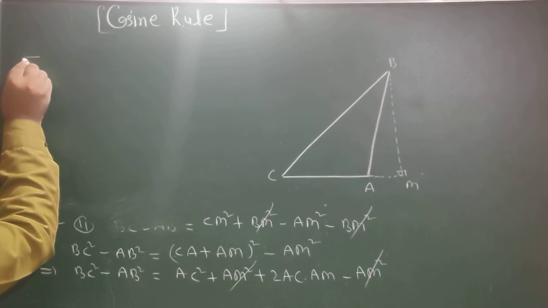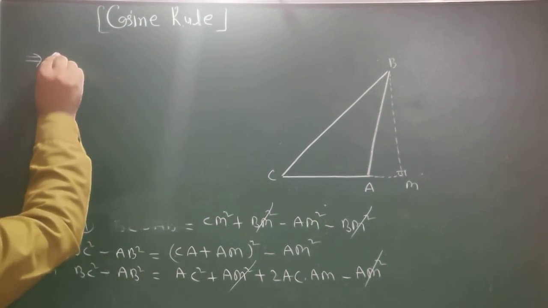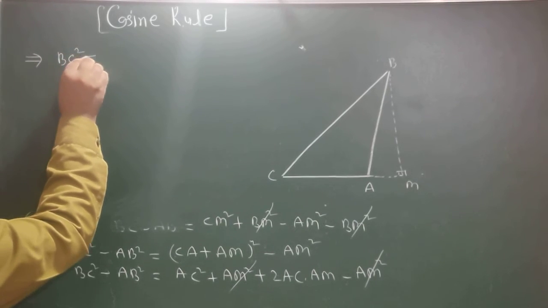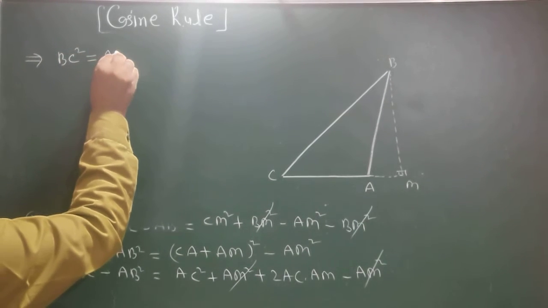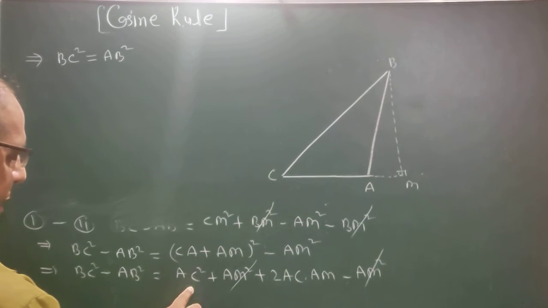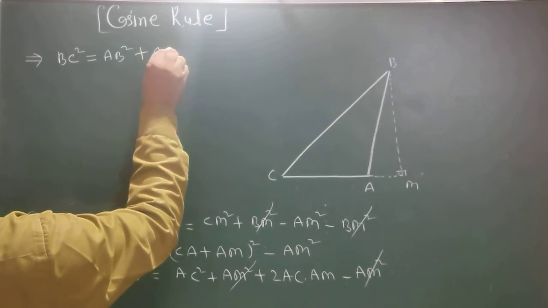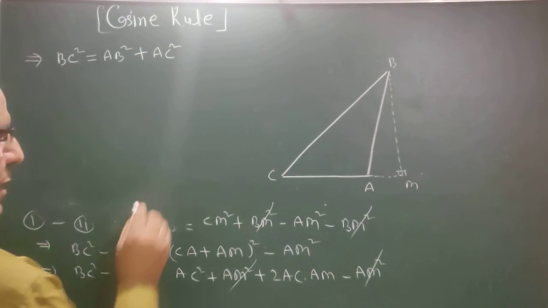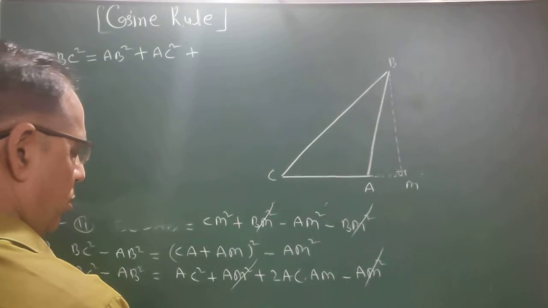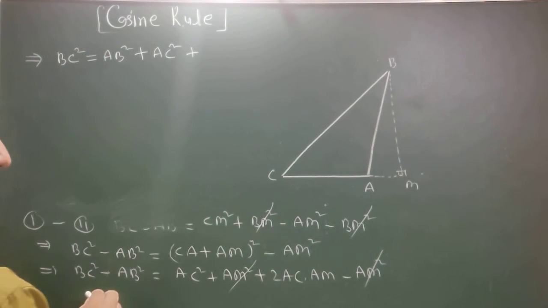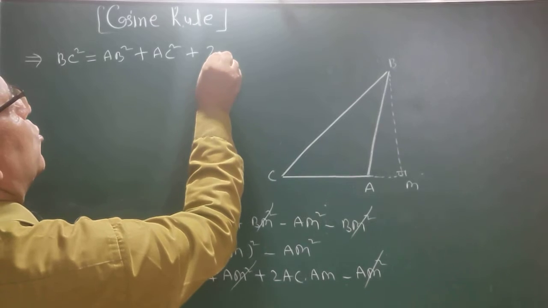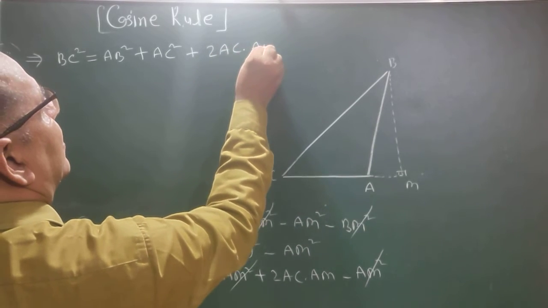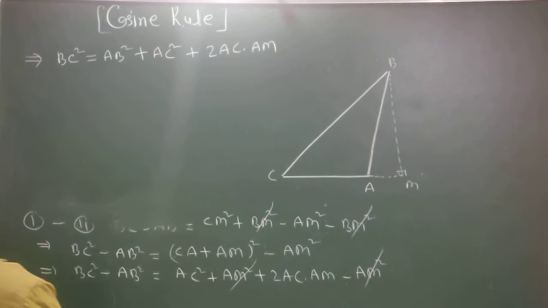So now after transfer we have BC square is equal to AB square plus AC square plus 2AC into AM. Okay.